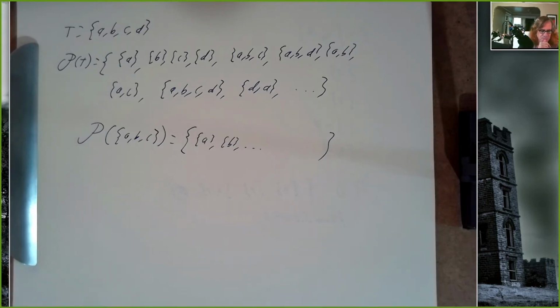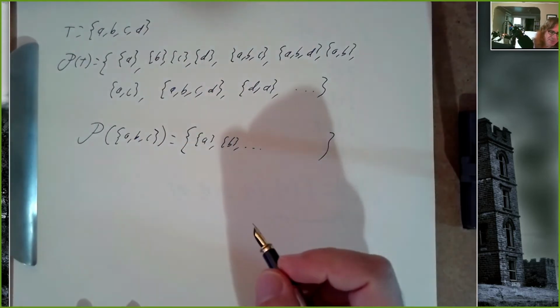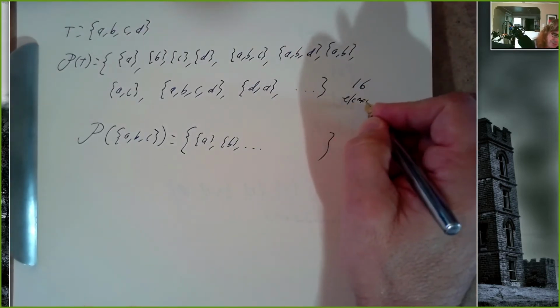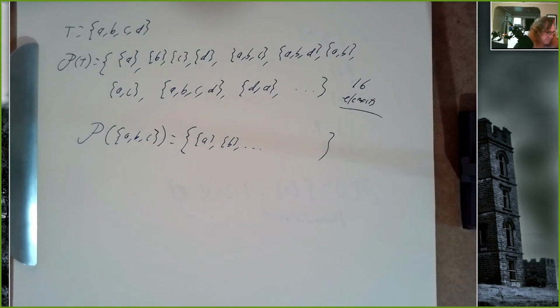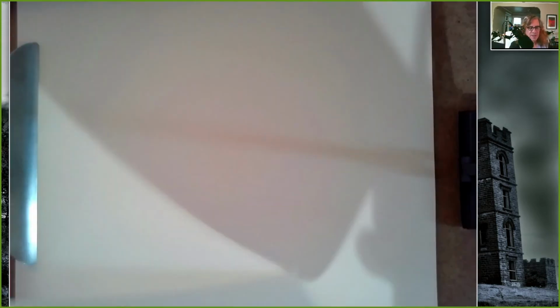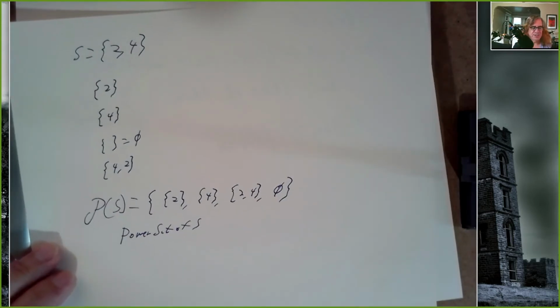All right, so power set of T is going to end up being 16 elements. And when we had two things, we ended up with 4 elements in our power set.